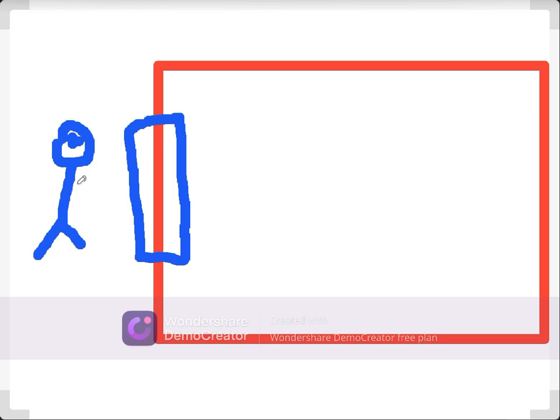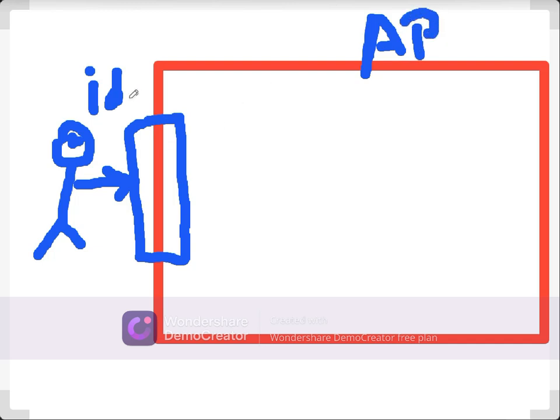That is why some ID authentication is required. So you have to show your passport. Then only you would be allowed to enter the airport. Let's say this is our airport. Once you are authenticated here, this is called authentication, the one happening at the gate.